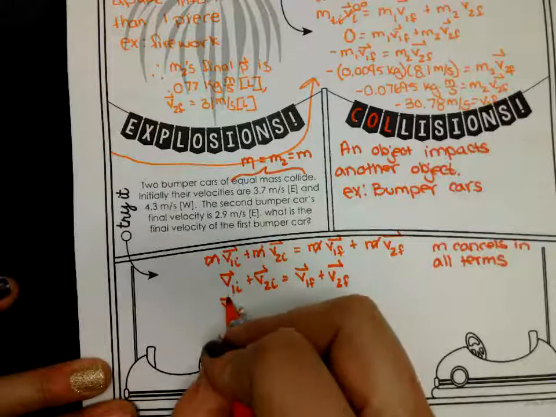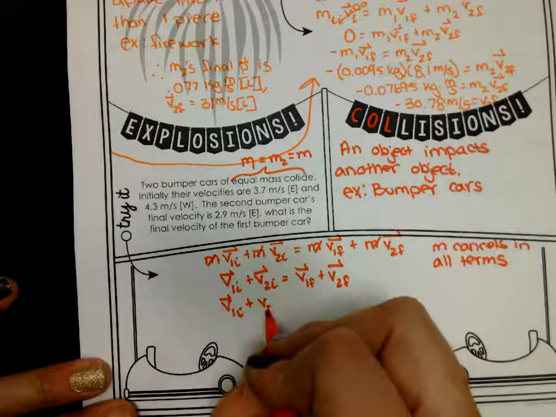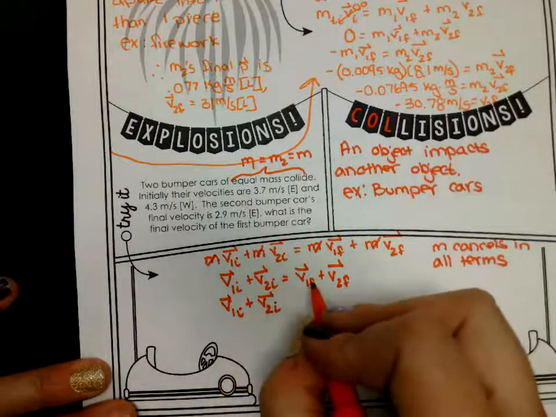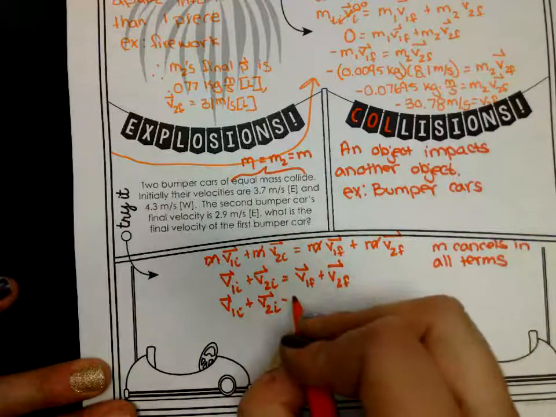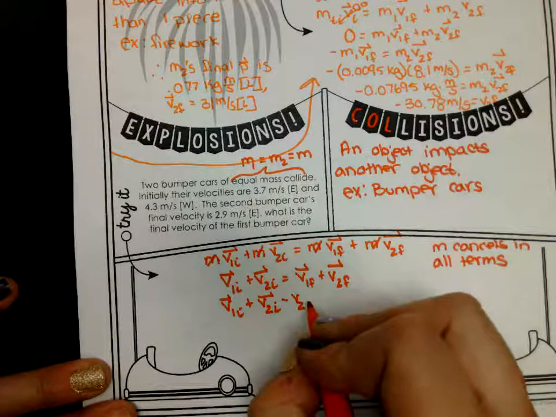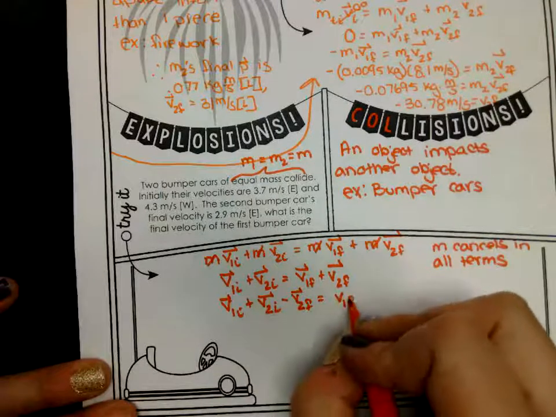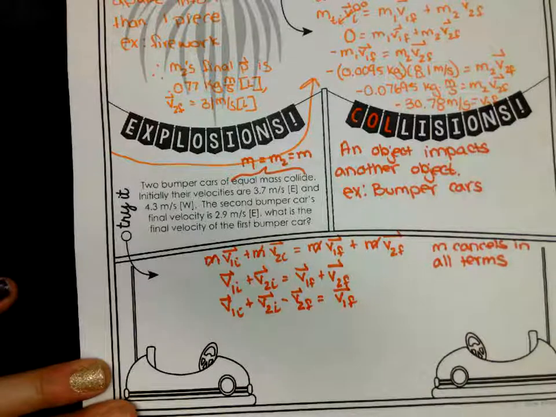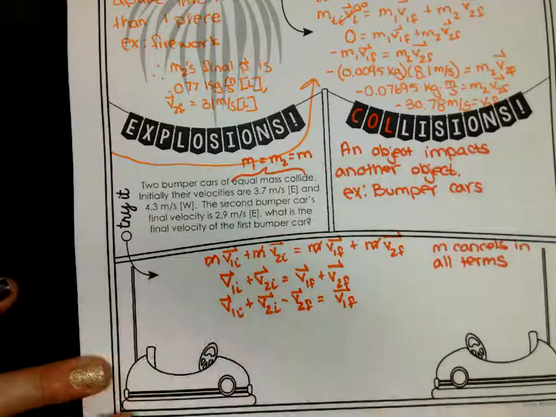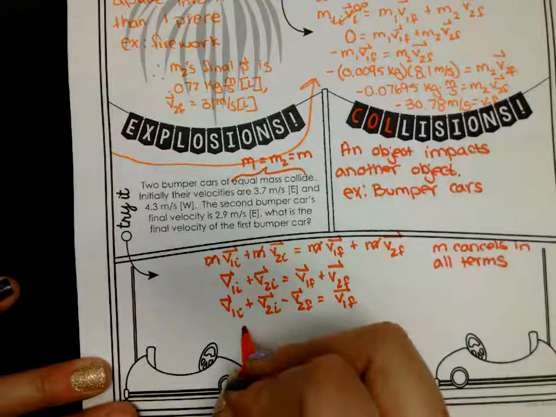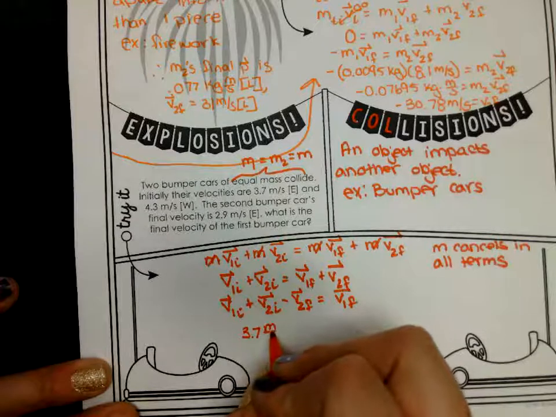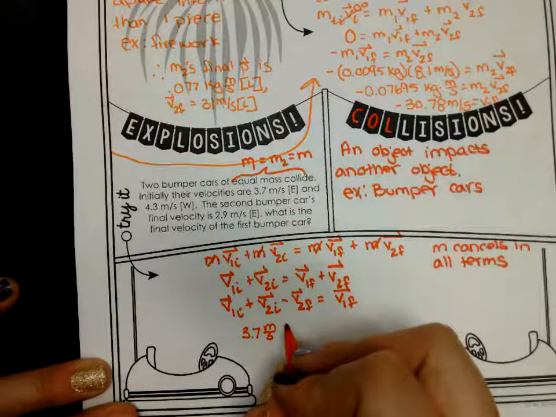Velocity 1 initial plus velocity 2 initial. I'm going to go ahead and bring over this minus velocity 2 final is equal to velocity 1 final, because that's what we're solving for, the final velocity of the first bumper car. Then I'm going to plug in what I know. So I know that velocity 1 initial was 3.7 meters per second east.